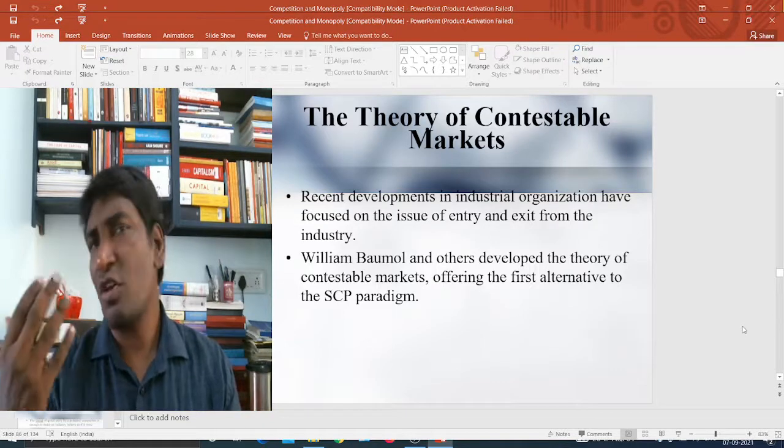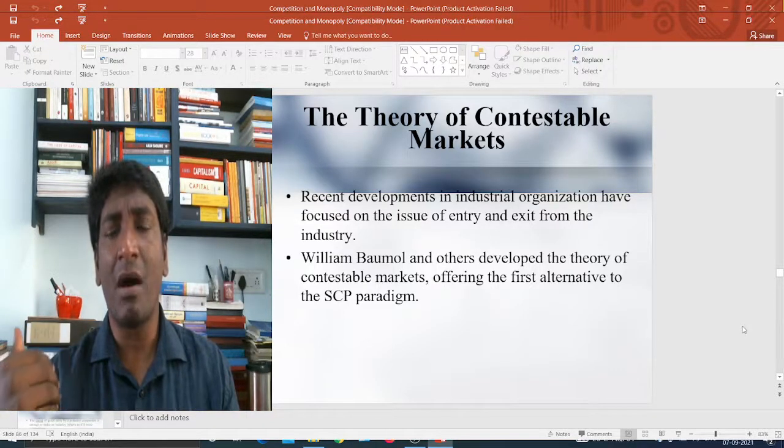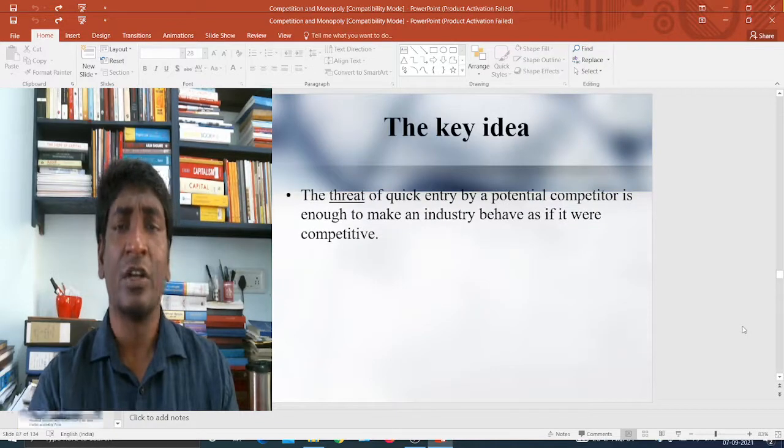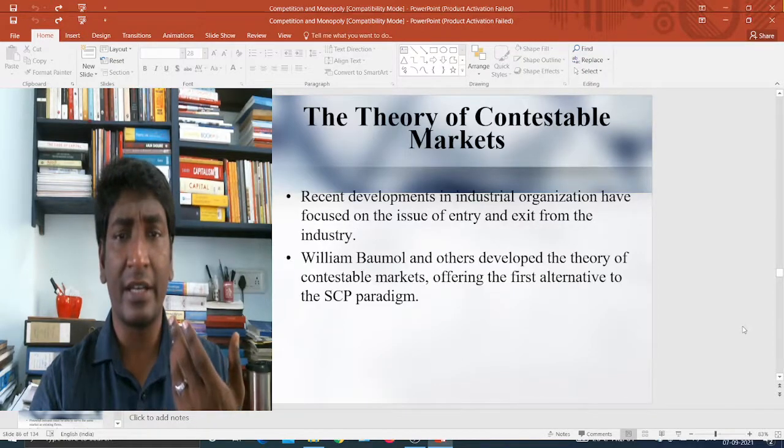But that is not the case. William Baumol and others developed a theory of contestable markets, offering the first alternative to the ICP paradigm, in fact.